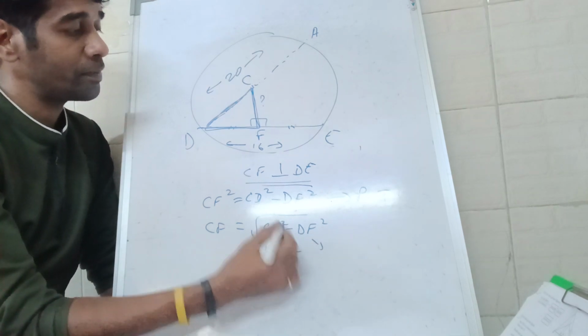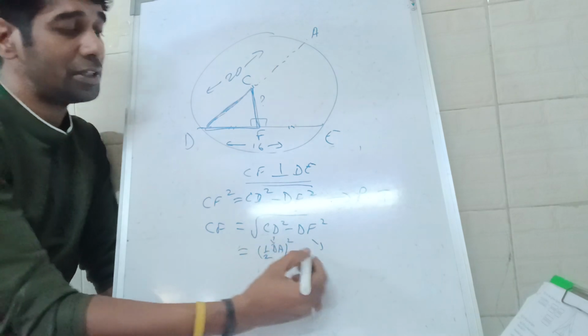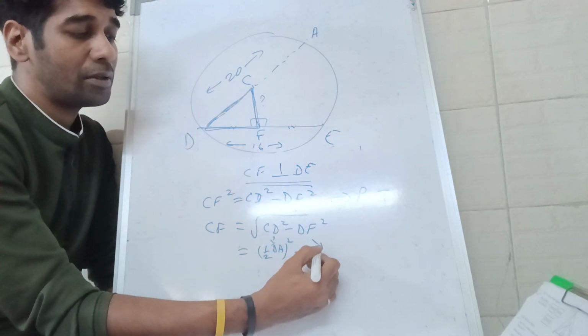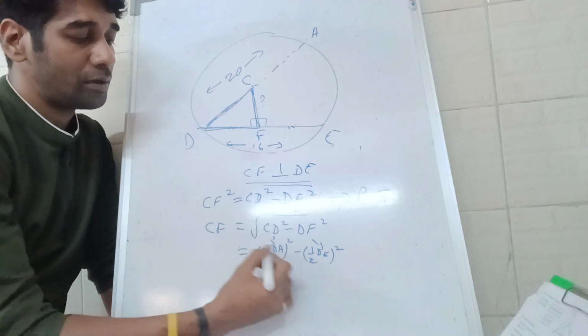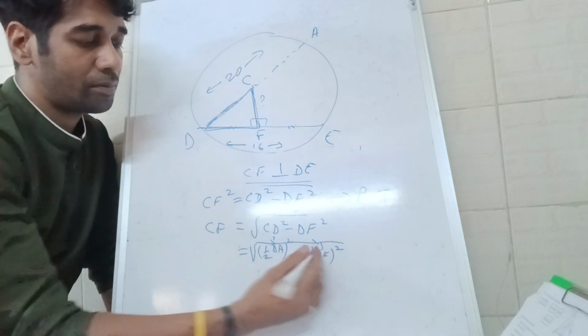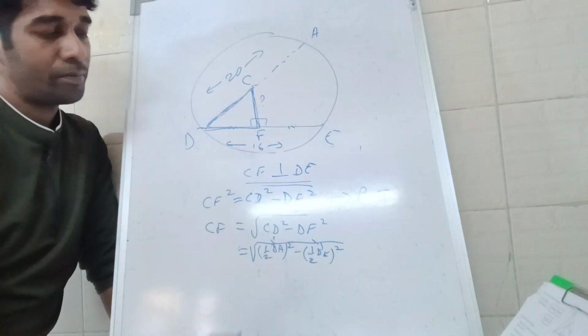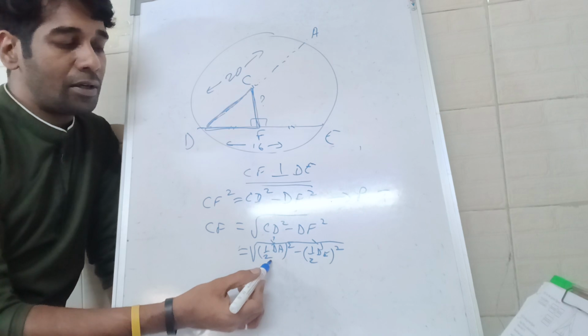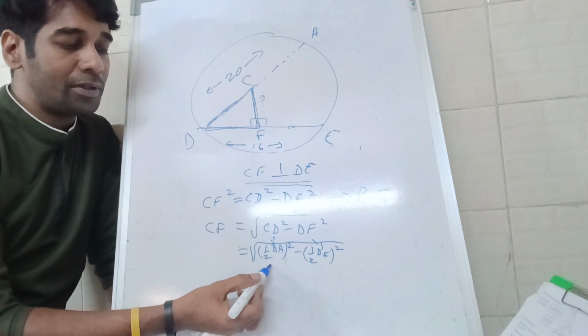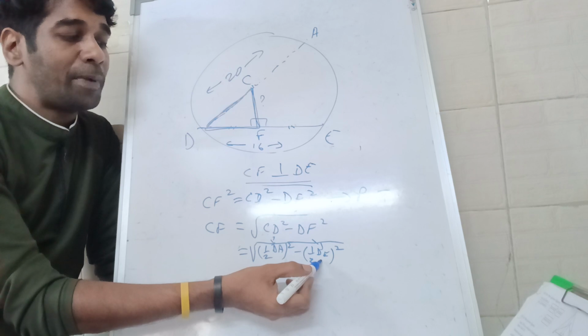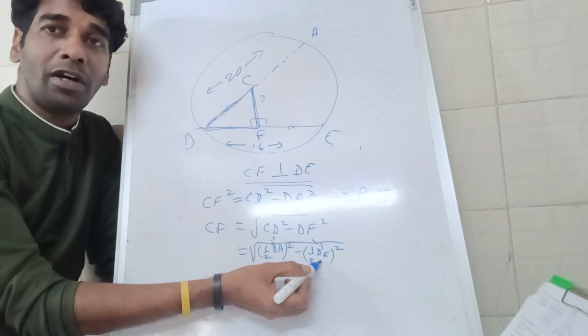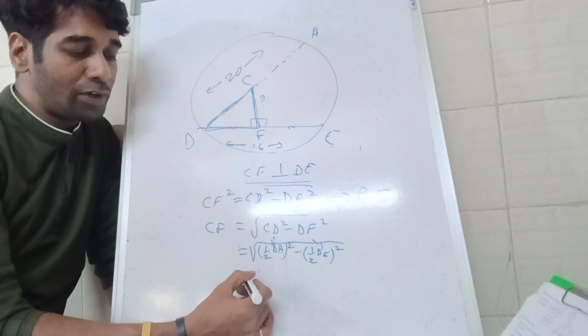DF is half of DE. This is a property of diameter: radius is half the diameter, and the perpendicular drawn from the center of the circle to the chord bisects the chord. Put the values over here.